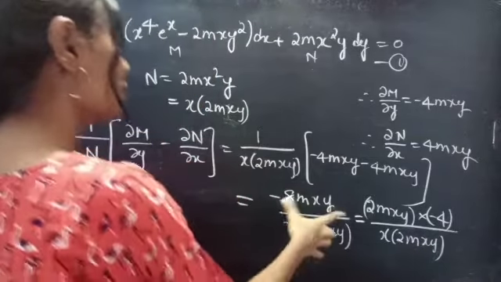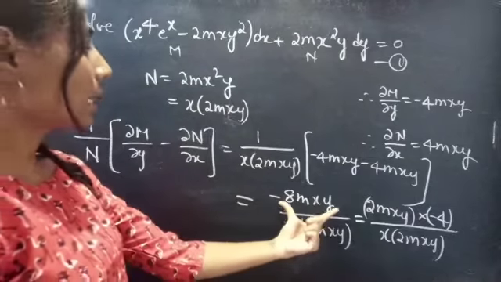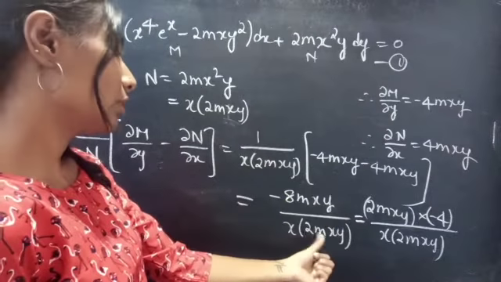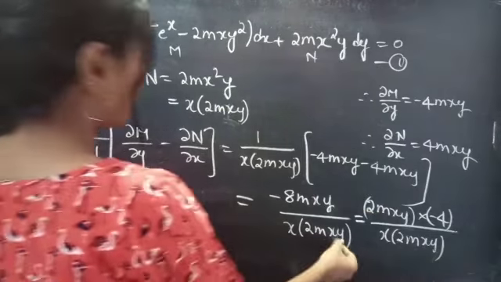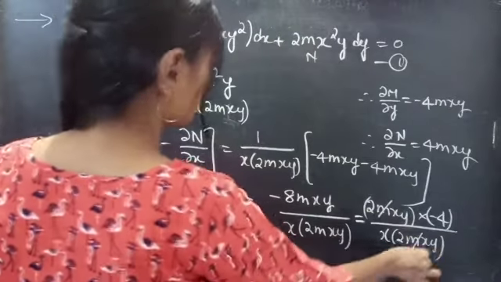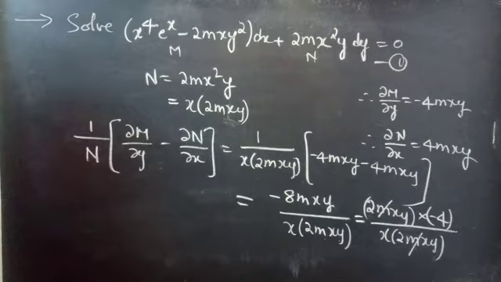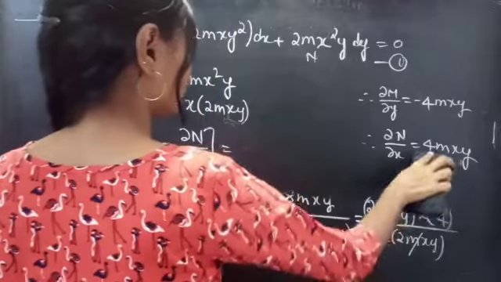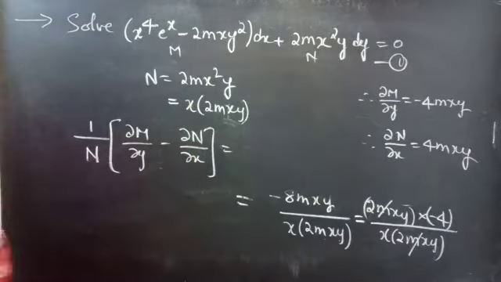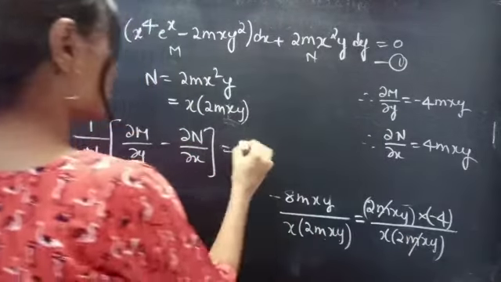Simply we'll write this −8mxy in terms of 2mxy, in order to cancel 2mxy in the numerator and the denominator. So this equals −4/x.